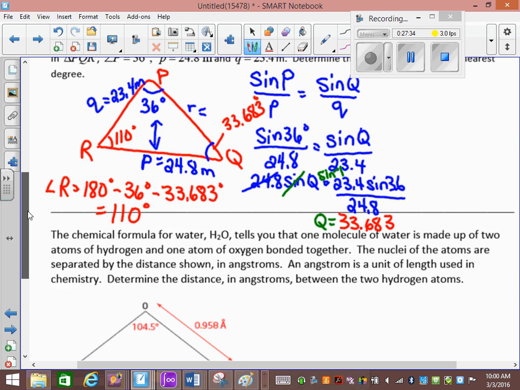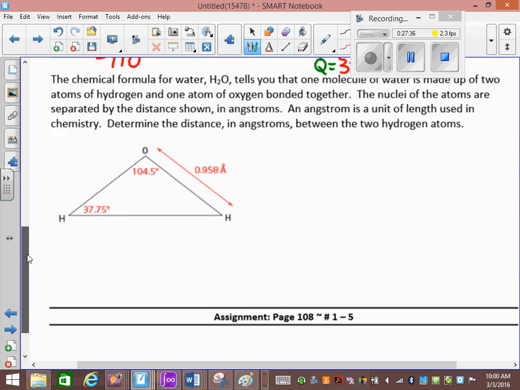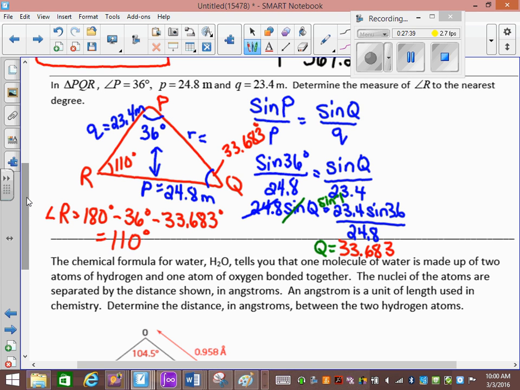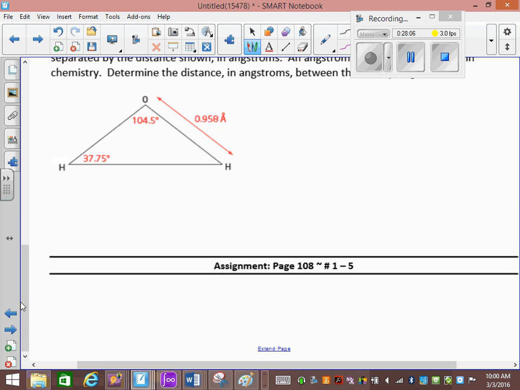Okay, your homework is going to be down here at the bottom, below this diagram. Numbers 1 to 5. You can do numbers 1 to 5, B and D where possible.